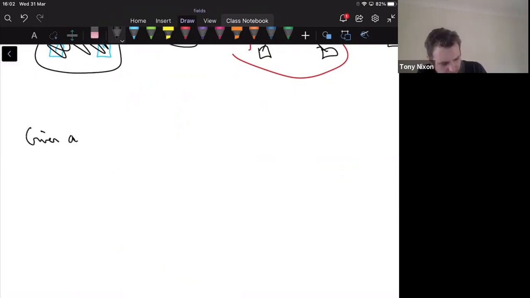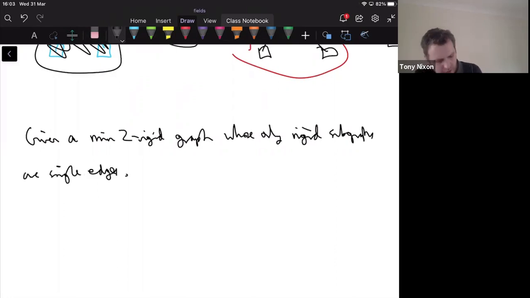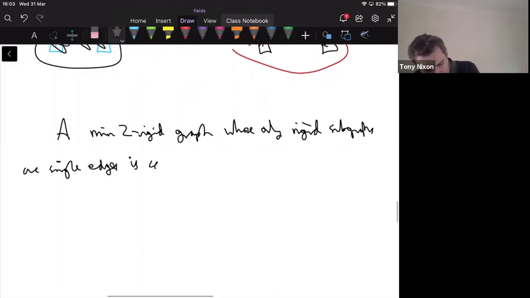I might get this wrong because I haven't thought about this for quite a while now, but given a minimally rigid in the plane graph whose only rigid subgraphs are, let's say, single edges, I want to give this a name. A minimally rigid graph whose only rigid subgraphs are single edges is called, I'm going to say, MIG.